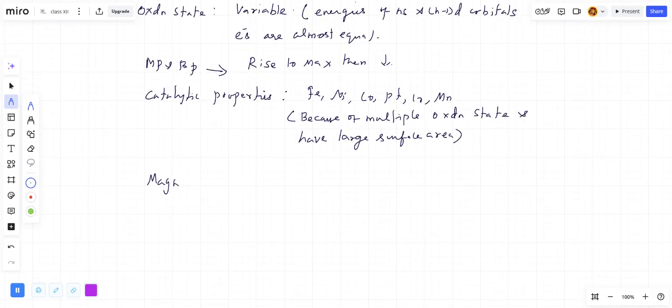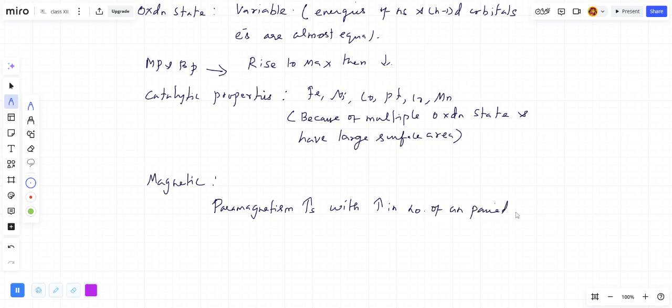Then if you take the magnetic properties, we know that substances are diamagnetic or paramagnetic. For paramagnetic substances, it is necessary to have at least one unpaired electron. Paramagnetism increases with increase in the number of unpaired electrons.